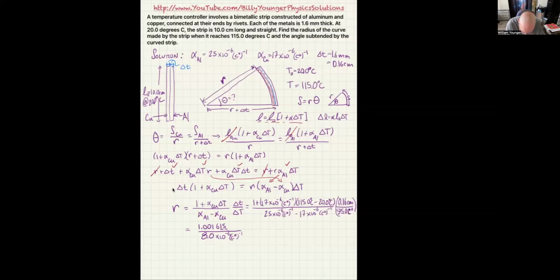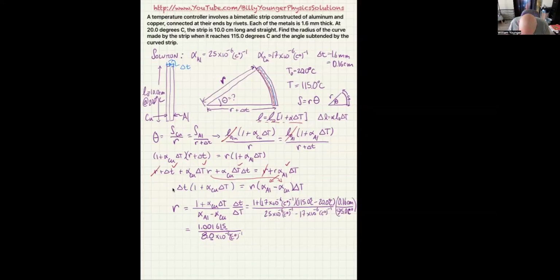Similarly, when I subtracted 25 times 10 to the negative 6 minus 17 times 10 to the negative 6, that gave me 8 times 10 to the negative 6. But technically speaking, that 8 is in the last digit of 10 to the negative 6, so the 8.0, the 0 is actually non-significant. Now I'm going to take that 0.16 and divide it by 95.